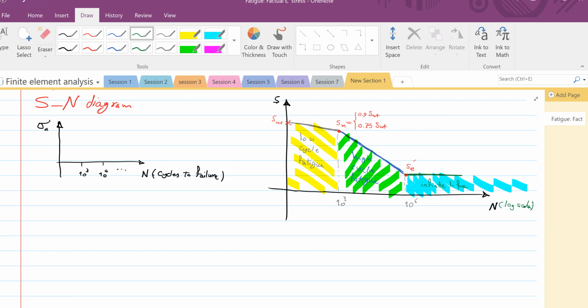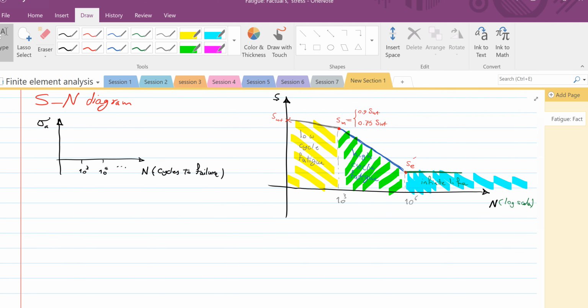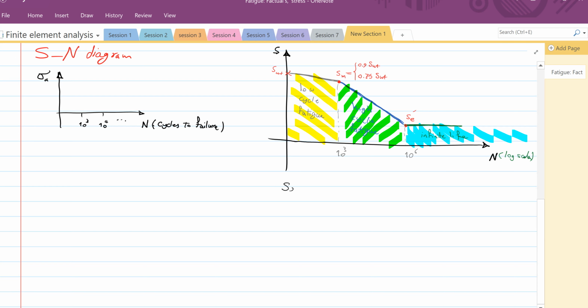Okay, let me talk a little about this SE prime. So SE prime is the ideal endurance limit. This is the ideal case, and because you want to have infinite life, you design your geometry for the endurance limit, which is usually much smaller than ultimate stress.